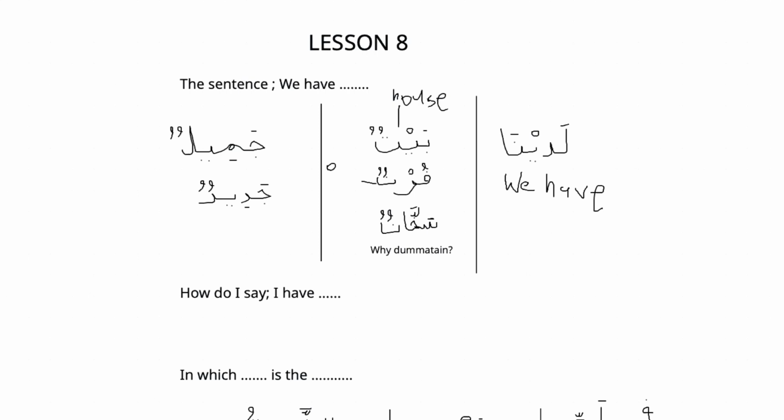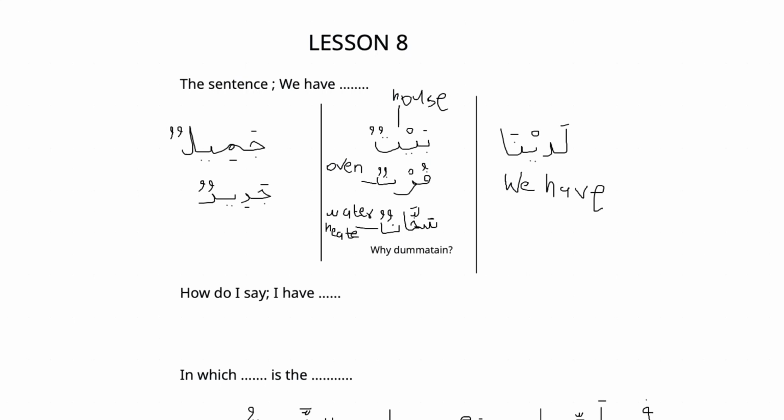We learned this in one of our previous lessons, so if you are not sure of them, go back and revise. Sakhanun is a water boiler, or you can say water heater. That is it for the second column.